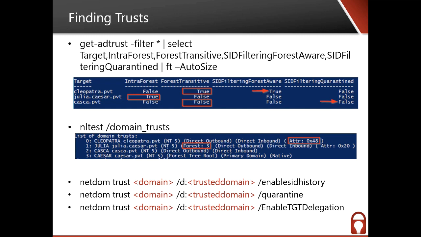It means you had to be explicitly granted access to groups or resources in the trusting domain, and you couldn't add additional things and carry it across the trust relationship.